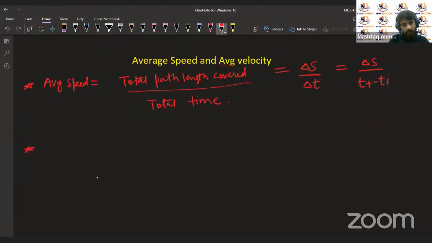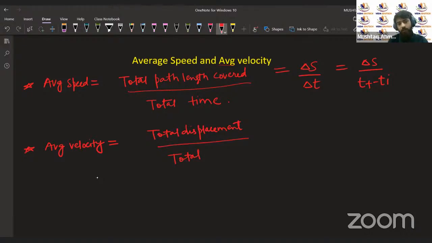While average velocity is defined as total displacement upon total time. The total displacement over total time gives us the average velocity, right?